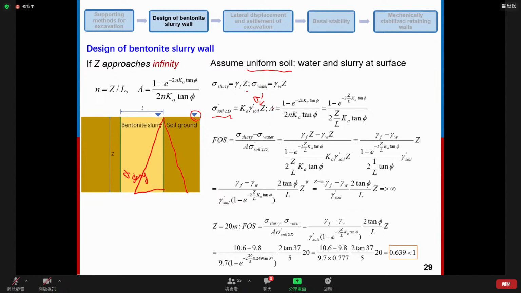And then we can calculate the factor A. Here we use the unit factor of safety. We know the sigma slurry and the sigma water. We have the factor A here, and then we have the sigma prime soil 2D. And then we do the rearrangement, and then we can have this equation.